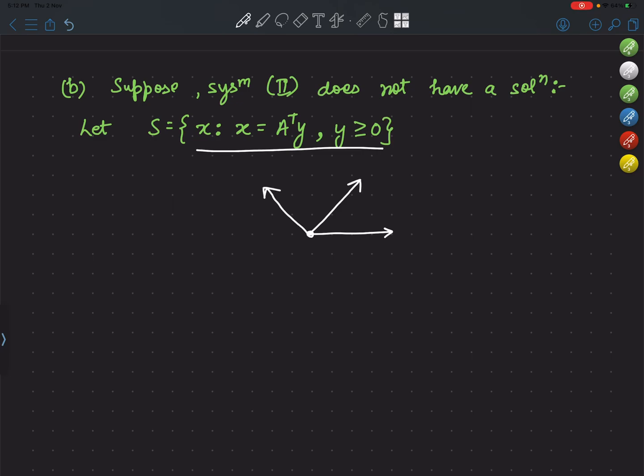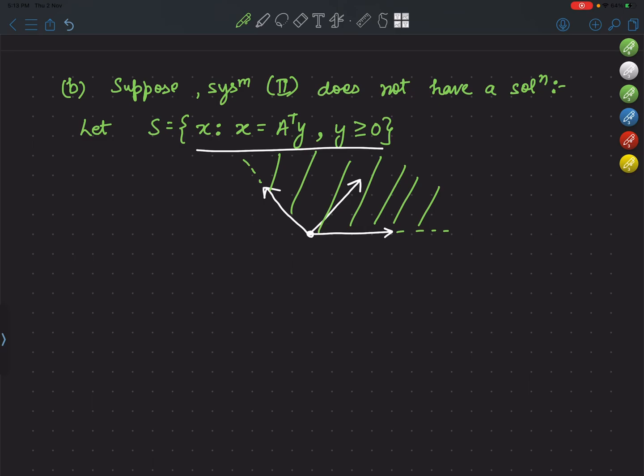If y is all non-negative, as we already discussed, x will belong to this set, and you can see this is a convex set.